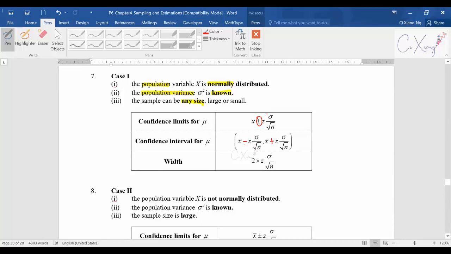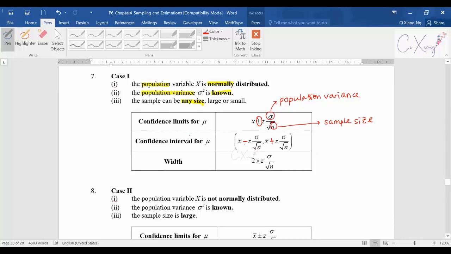You should know that sigma is the population standard deviation, and n is the sample size. So the formulas for the confidence limits and the confidence interval are generally the same, just that the way they write it up is different.